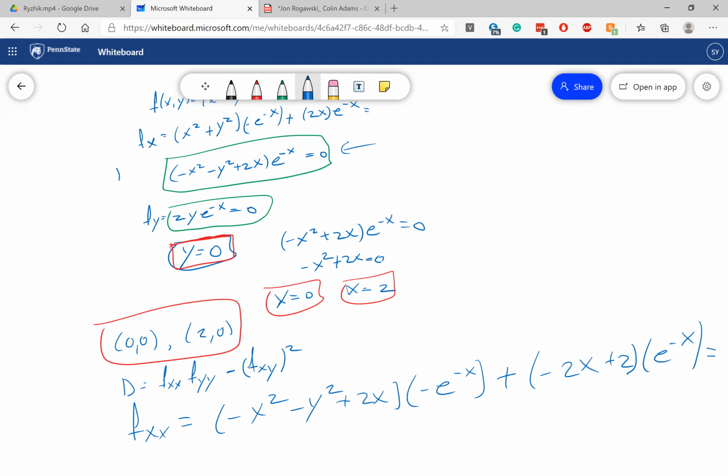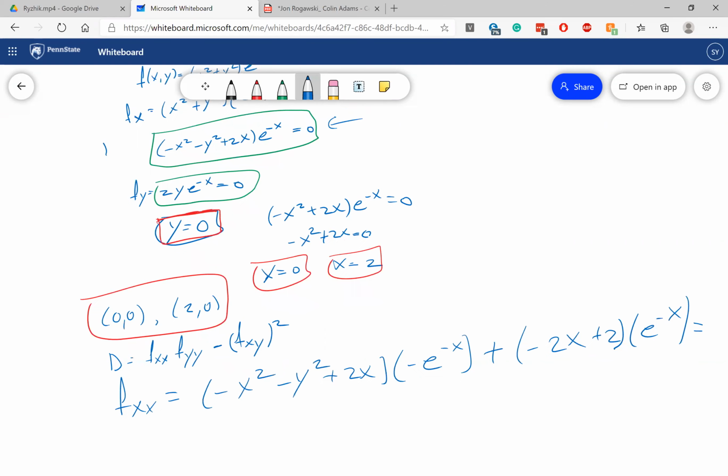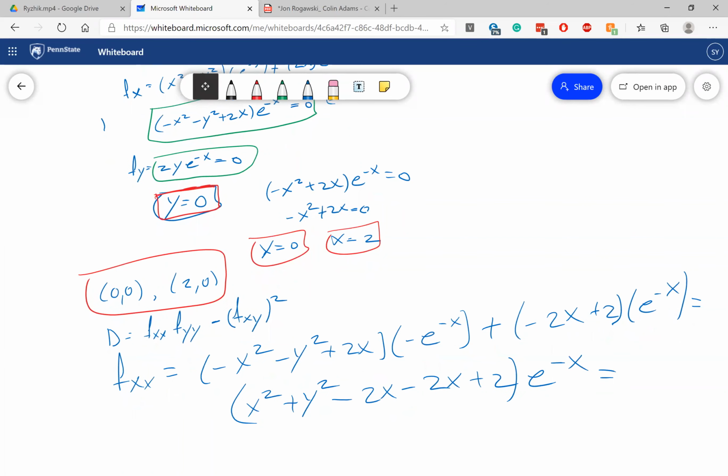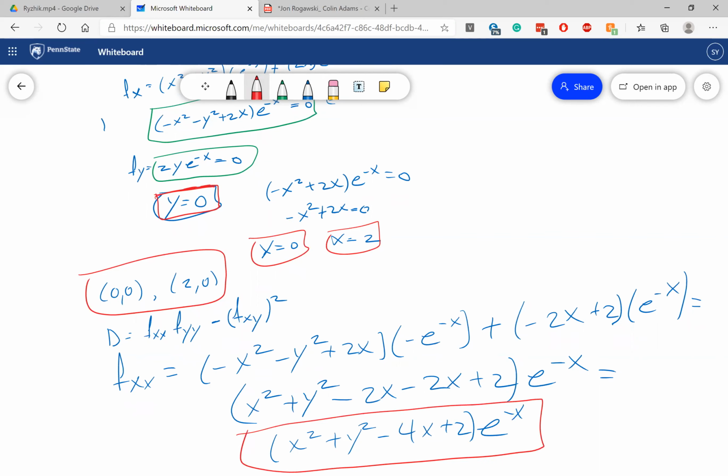And this is going to be equal to x squared plus y squared minus 2x, minus 2x plus 2, times e to the negative x, which is x squared plus y squared minus 4x plus 2, times e to the negative x. So that is our partial with respect to x twice.